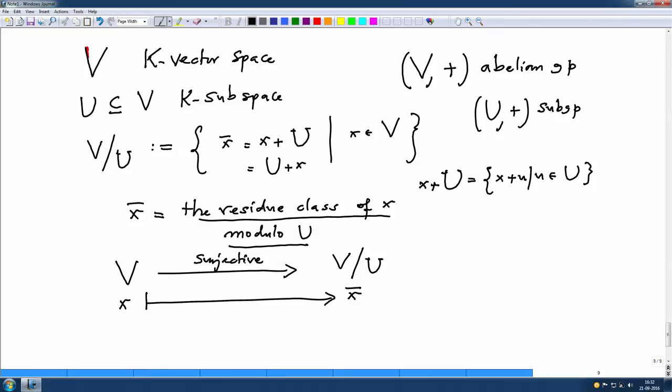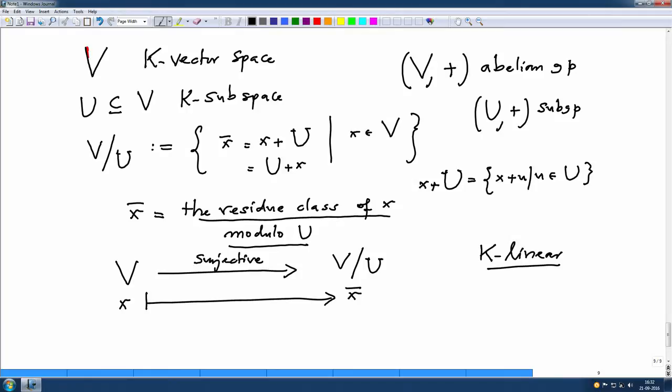The problem is I want to check now whether this map is k-linear, but before I check k-linearity, I need to ensure that there is addition here and there is a scalar multiplication here. So this becomes a vector space, and then I want to check this map is k-linear.